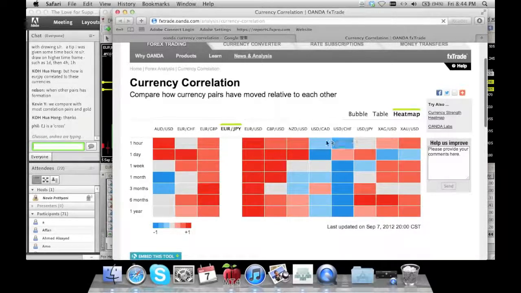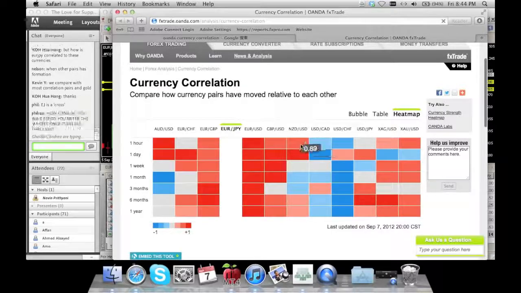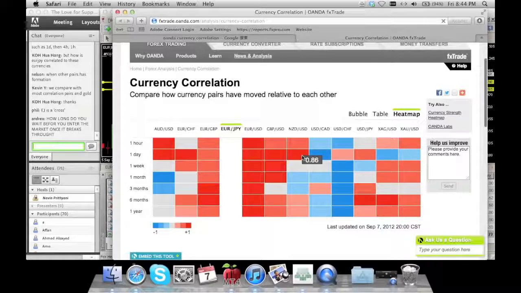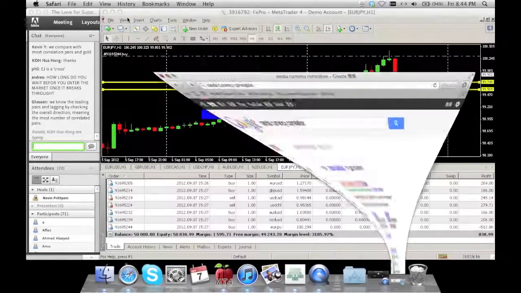Everything that is blue goes opposite. So Euro USD and Euro Yen, same direction. Pound USD, same direction. New Zealand dollar USD, same direction for the most part. Aussie dollar, a little bit, but opposite US dollar CAD, opposite Swiss franc. Okay, hope that makes sense. All right, so closing this back down here.